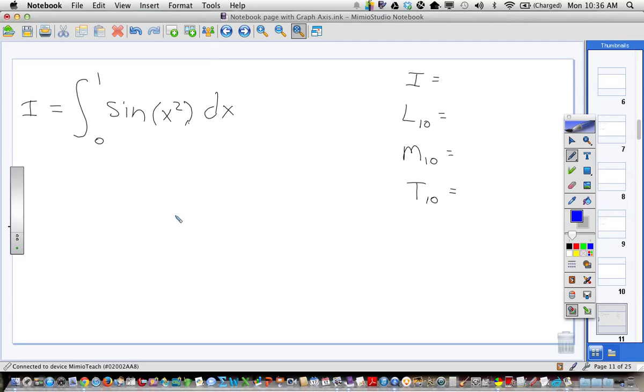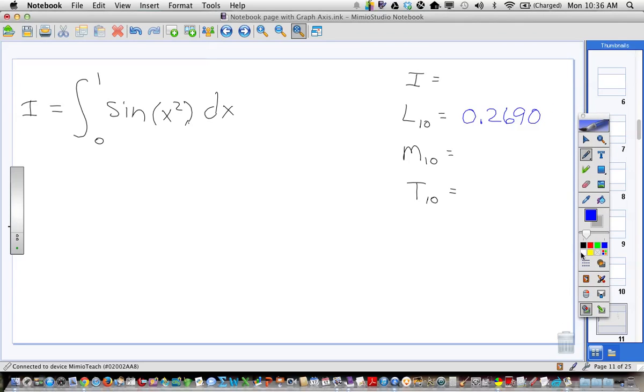How much are you getting? 0.26909. What's after the 9? So 10 maybe. That'd be 3 decimals, but I like 5. All right, so that's what we think.